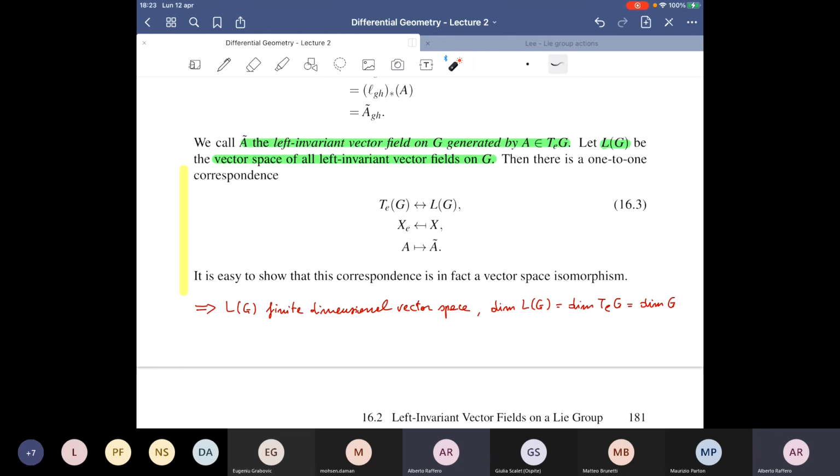It's a finite dimensional vector space whose dimension is precisely the dimension of the Lie group G, because it equals the dimension of the tangent space to G at the identity. So we have some special vector fields on the Lie group, which constitute a finite dimensional vector space, whose dimension is precisely the dimension of the Lie group. This is what is the Lie algebra of the Lie group.